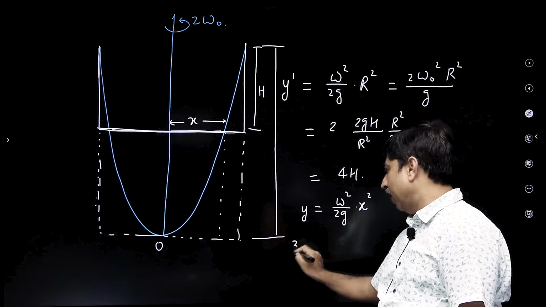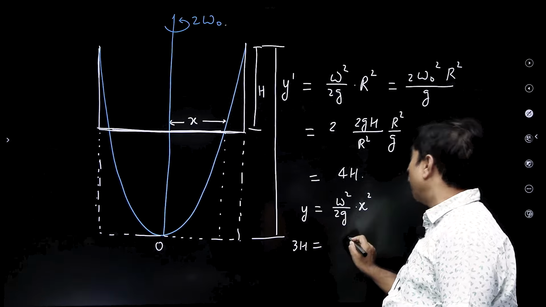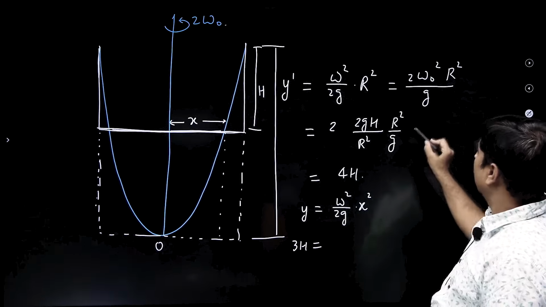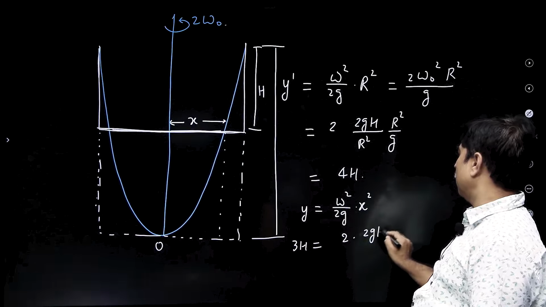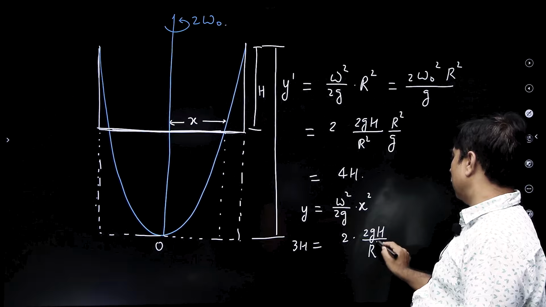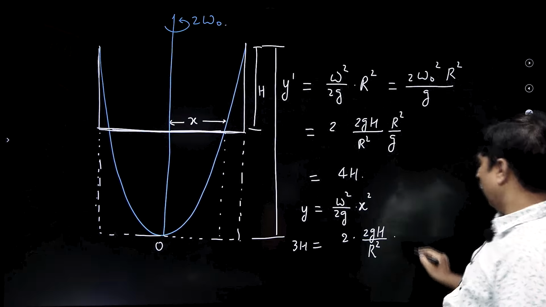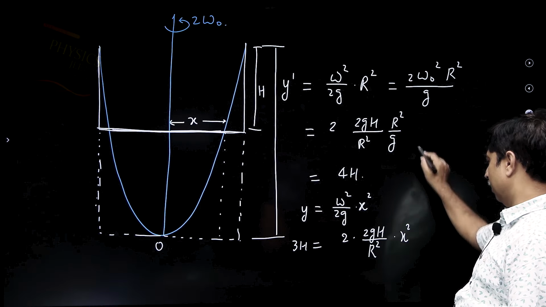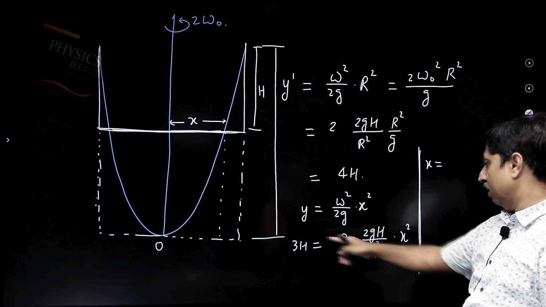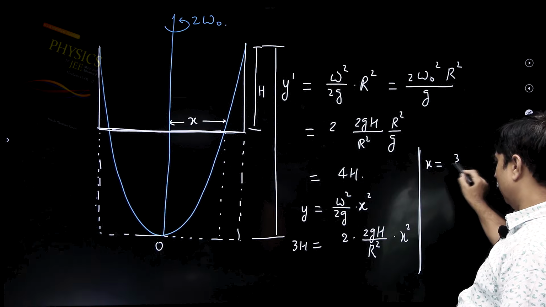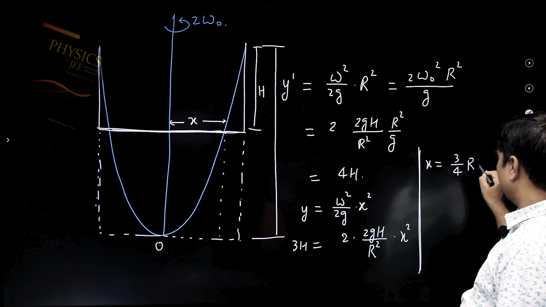So omega is 2 omega naught, means it is 2 times 2gh by r square. Please do the necessary substitution, and I want to know the value of x. If you simplify this, you will get the value of x as 3 by 4 into r.